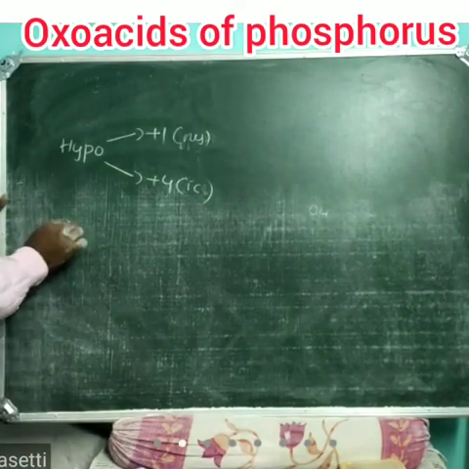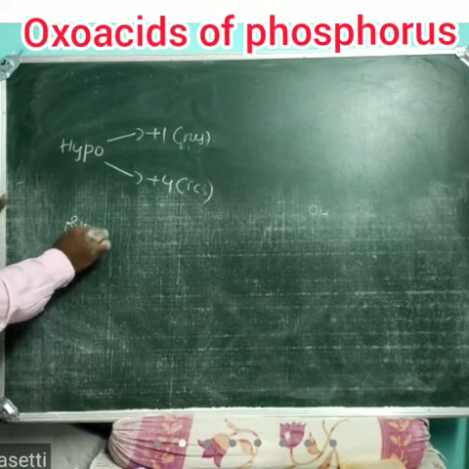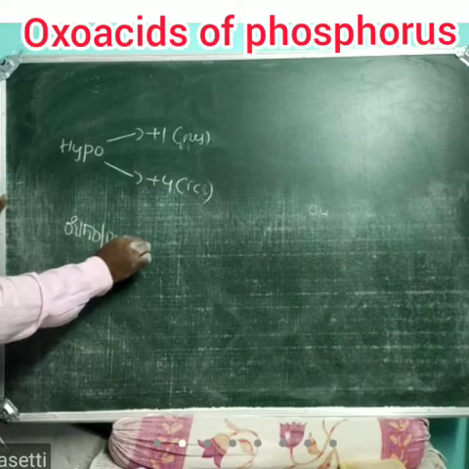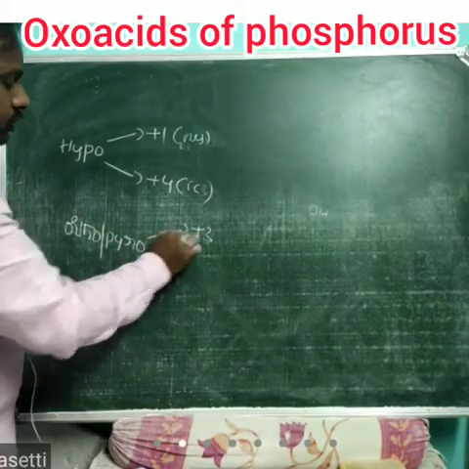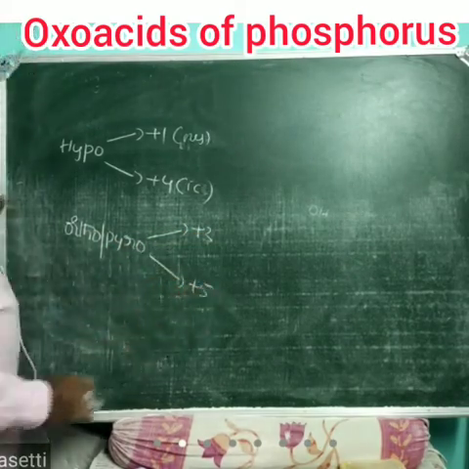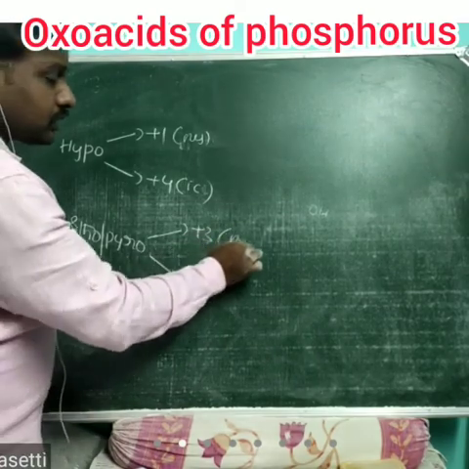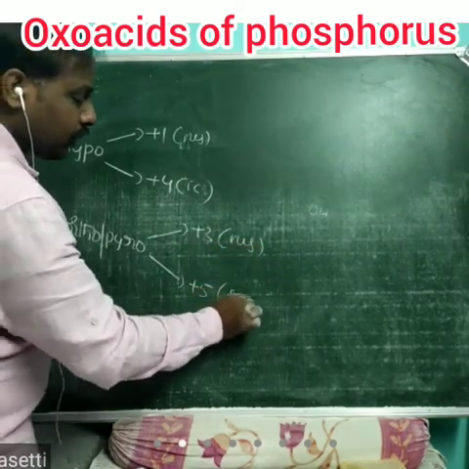And after that, either ortho or pyro contain +3 or +5. +3 is acid, +5 is ic acid.